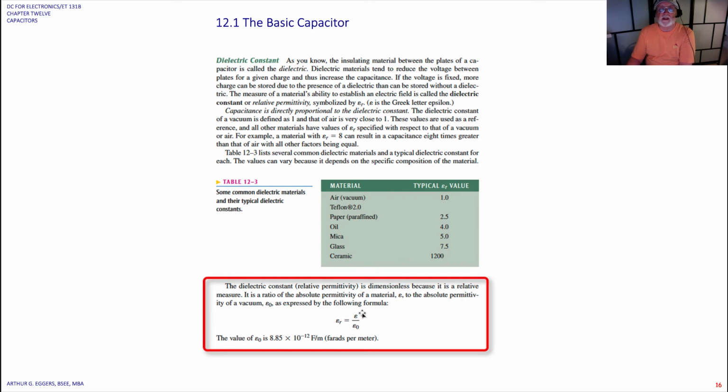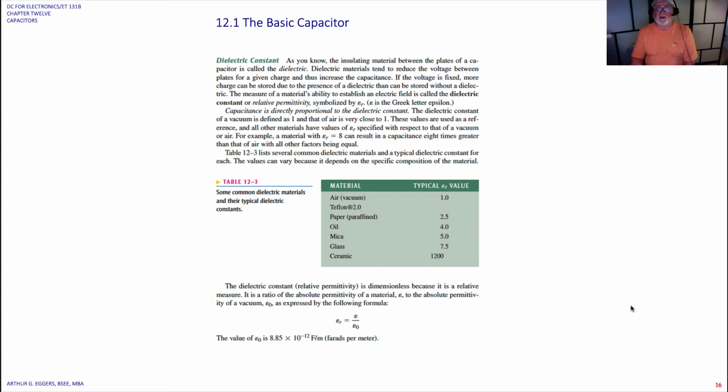And it's expressed as epsilon over epsilon naught, giving us the unitless dimension of epsilon R. The value of epsilon naught is 8.85 times 10 to the minus 12 farads per meter. Again, another value and another relationship that you need to keep track of and put in your notebook.